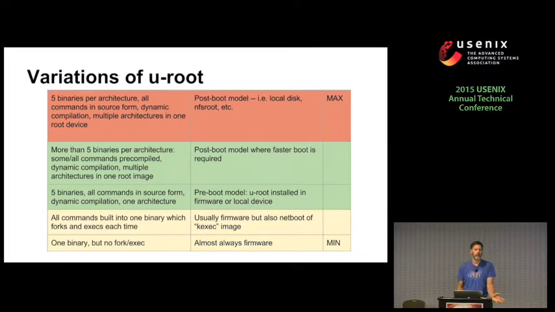It's for one architecture because you don't conventionally have a firmware ROM for different architectures. So there would only be really 5 binaries because we're only going to boot for an x86 or an ARM or something. And then at the very bottom is quite minimized, where it's one binary. We don't do fork exec, and we've jammed it into a very compact firmware place.